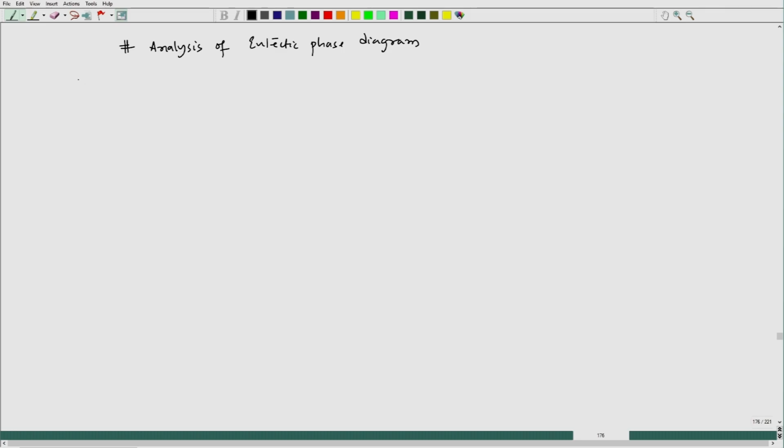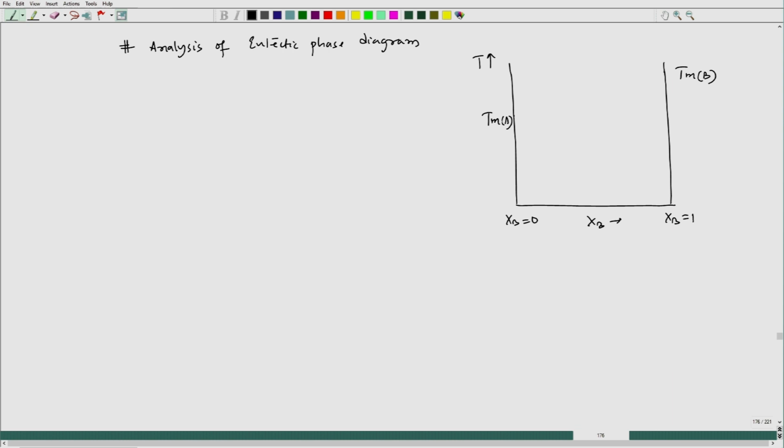Now we have the eutectic phase diagram. Let me draw this eutectic phase diagram on the right. X B is varying this way, x B equal to 1, x B equal to 0, temperature is this. Now, this is T m B, this is T m A, and please understand that all throughout our course we have taken element B as having the higher melting point and element A the lower melting point, and that is followed uniformly over the entire lecture series.